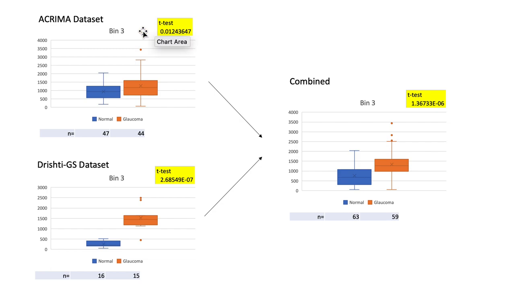We were able to find at least one index that stratified normal versus glaucoma well, and it's been 3. Here it is shown for Acrima dataset and the Drishti dataset separately and then combined. And since then, we have found more indices from this data that also give us a strong separation, and thus will be great for machine learning models that classify glaucoma.